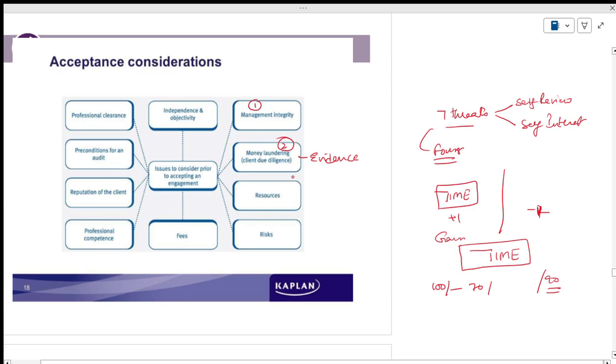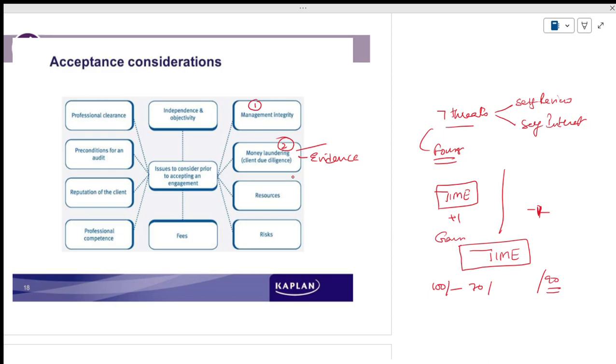That is the reason we say disclaimer: we don't know anything, nothing comes to our notice. Money laundering you have to disclose without the client. If something happens at the client place, you have to disclose to the external authorities without taking the permission of the client.